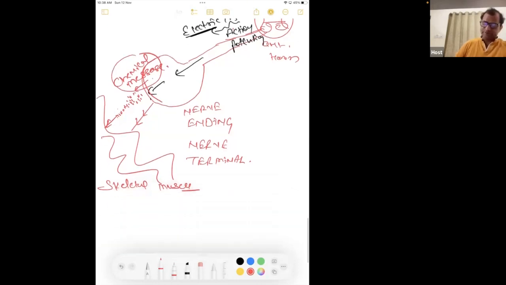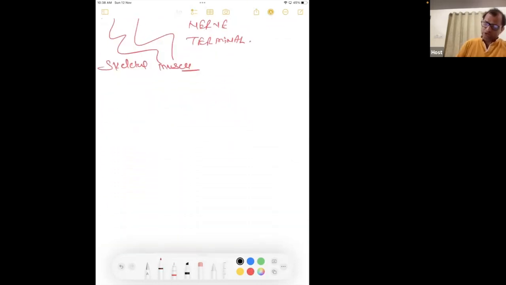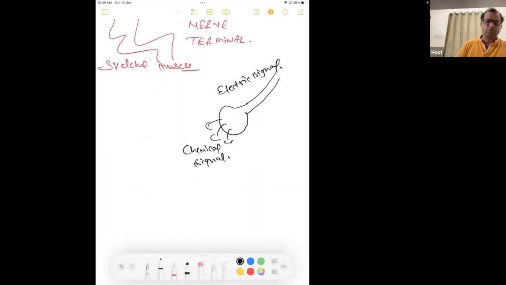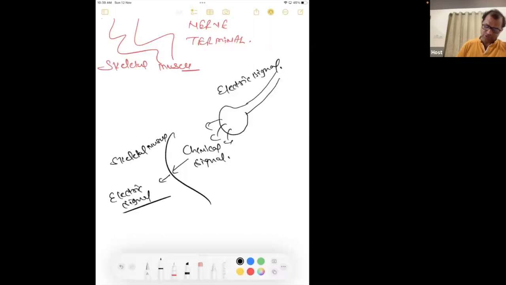So we can define it in this way once again. The nerve is sending the electric current, the electric signal. Then from the nerve it is going ahead in the form of chemical signal, then it's acting on the muscle. This is the skeletal muscle. As soon as it reaches the skeletal muscle, again it becomes an electric signal, and the muscle does contraction.